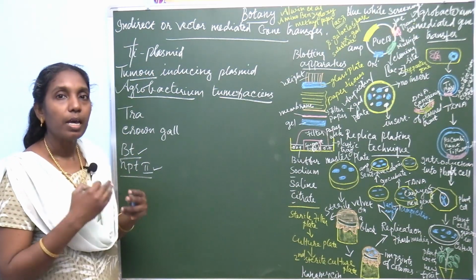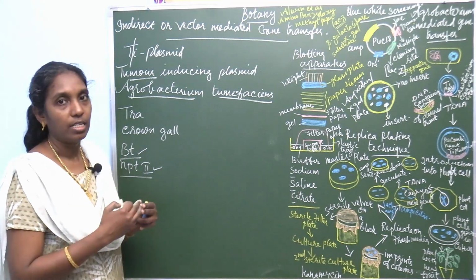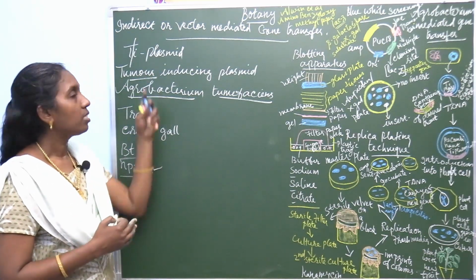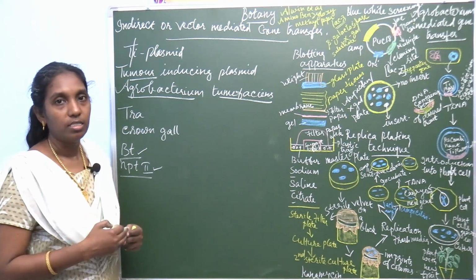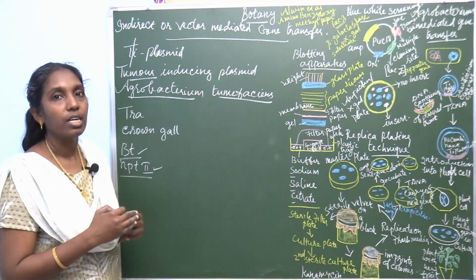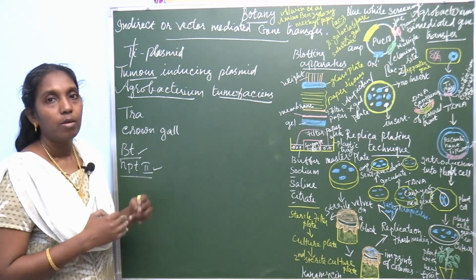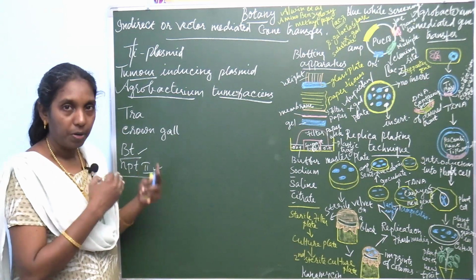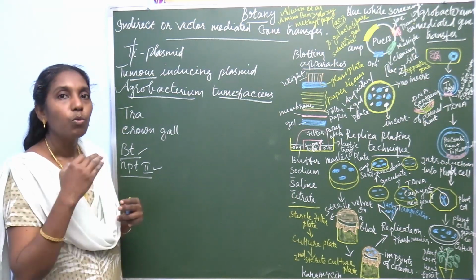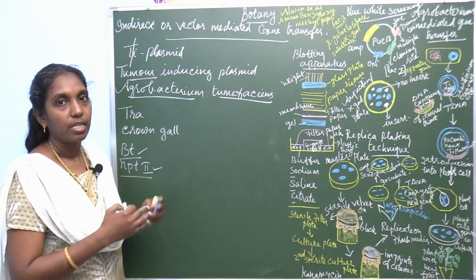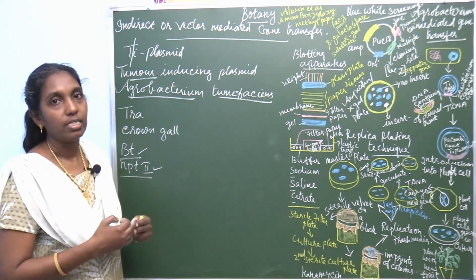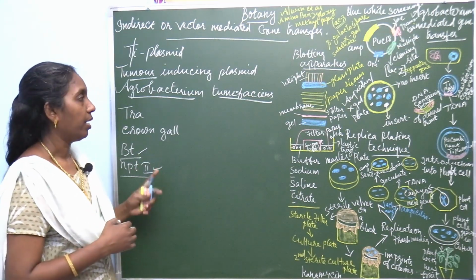Because of its ability to naturally infect the plant cell, it is called natural genetic engineering, because it infects the plants through the wounded region and enters inside.